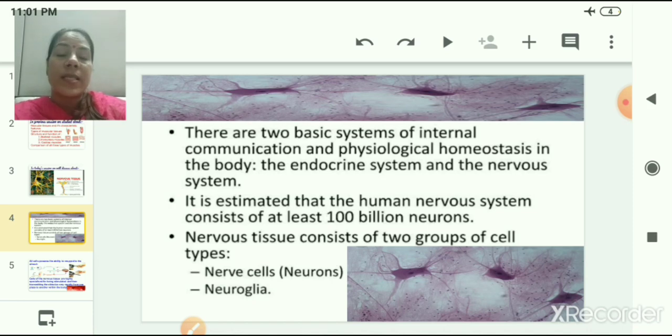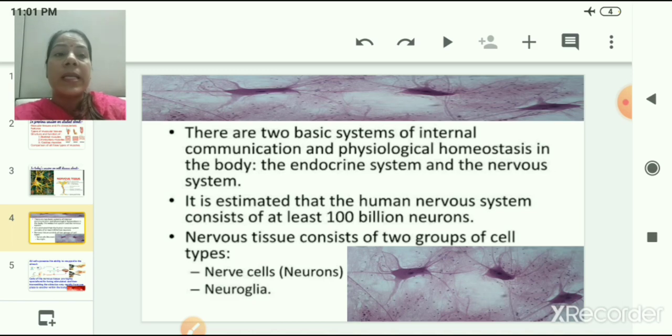This homeostasis and the communication and coordination within the body is under the control of two main units. We are going to study about this control and coordination in detail in your 10th standard. These two units are the endocrine system, in which various types of glands are involved, and the nervous system. So in today's session we are going to study the nervous system.